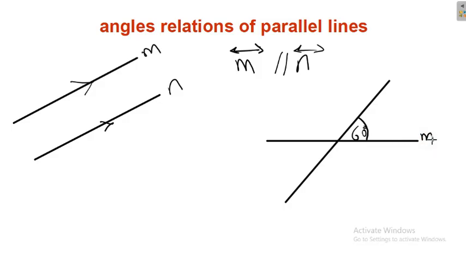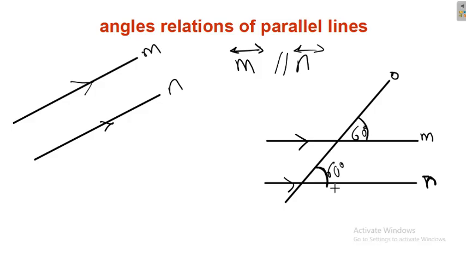Let's make it line M, line O. If we draw another straight line parallel to line M, we give it a name, line N. Okay, line N parallel to line M. What do you expect about this angle? This angle has the same inclination with line O, so it will be 60 degree.